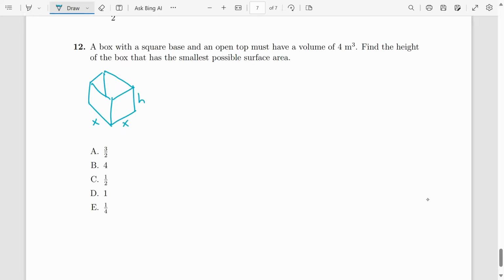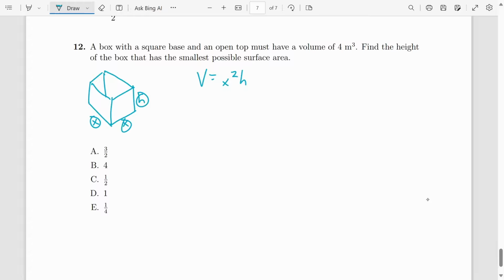But the cool thing about this problem is it has a really easy cheat. So for these types of box with a square base and an open top questions, first you write out your volume equation where you multiply each side length, and then that's the volume. So this is going to be x squared times h.